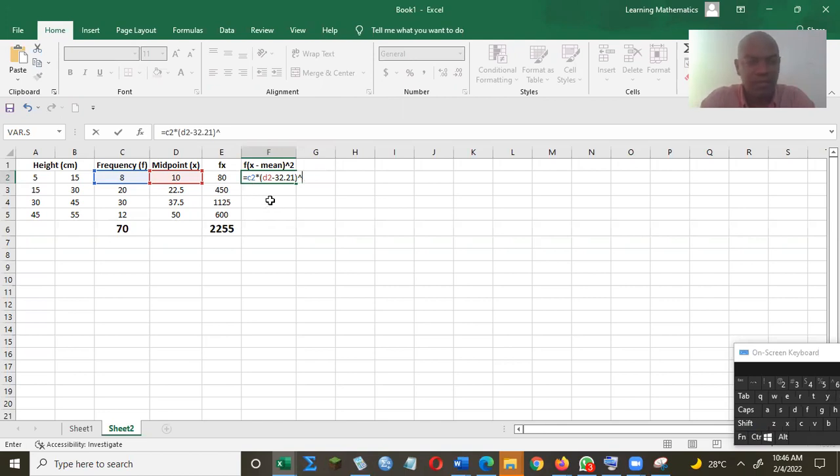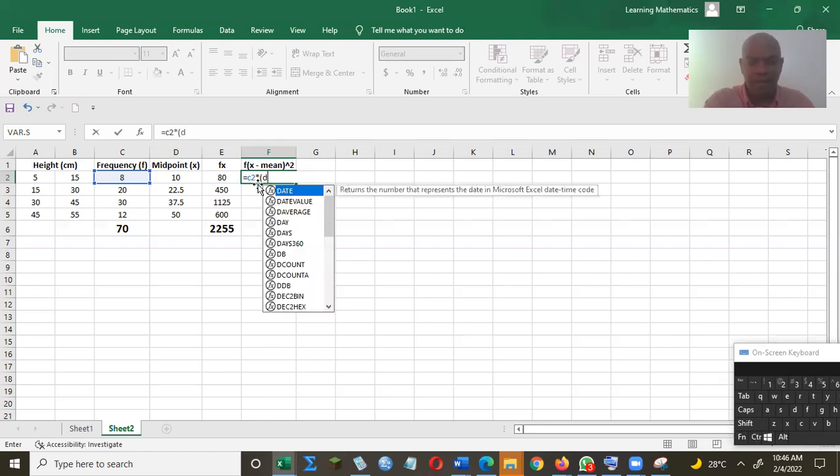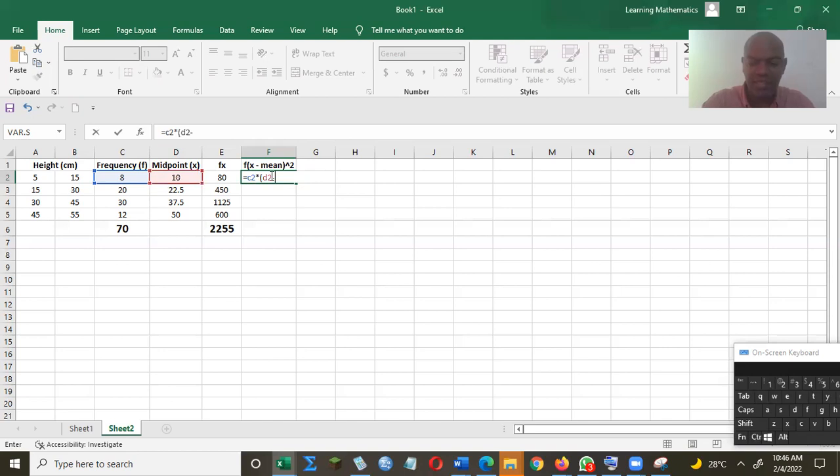All right, you type equal, you type C2, that's where F is, because remember, F times open bracket, the X now is D2 minus, you see the minus the mean is 32.21 in my case, close bracket, squared, raised to the power of 2, enter. So that's the first value, the first F times X minus mean all squared.